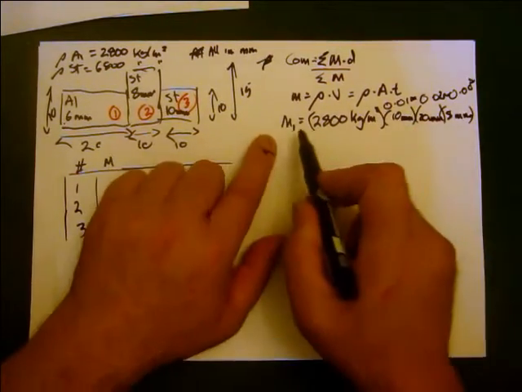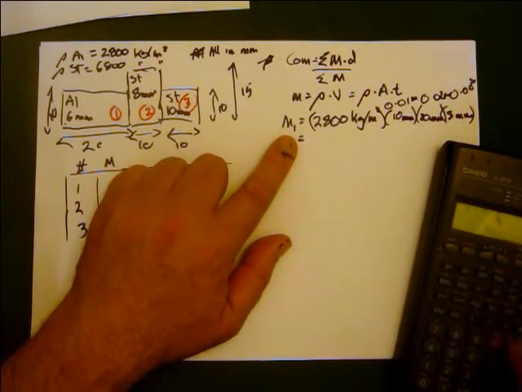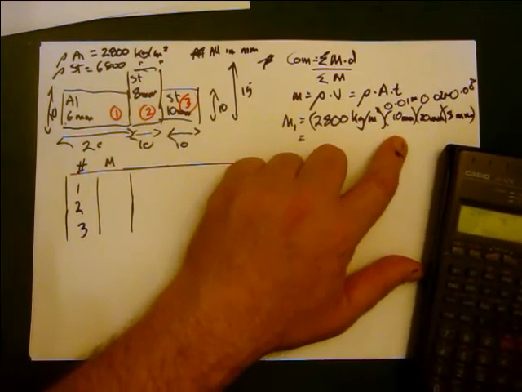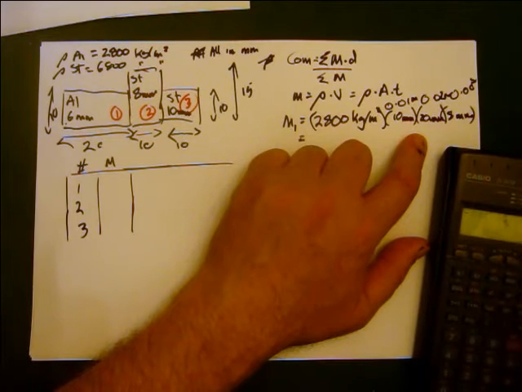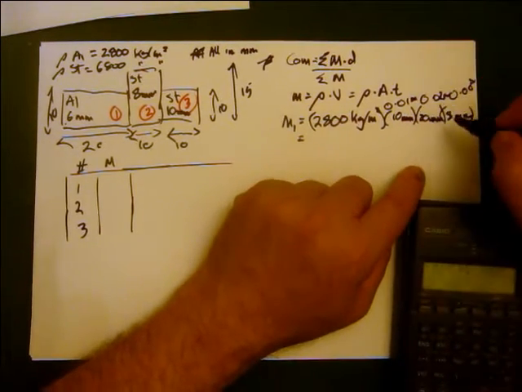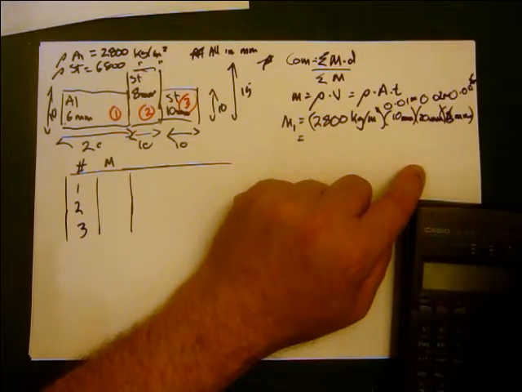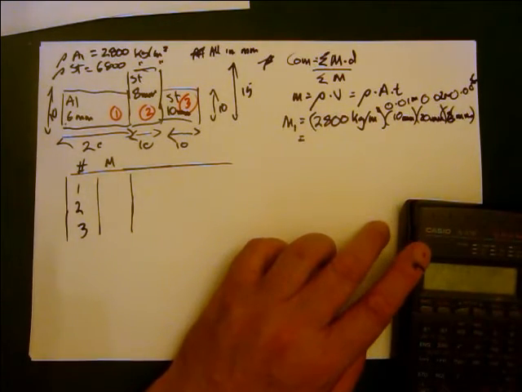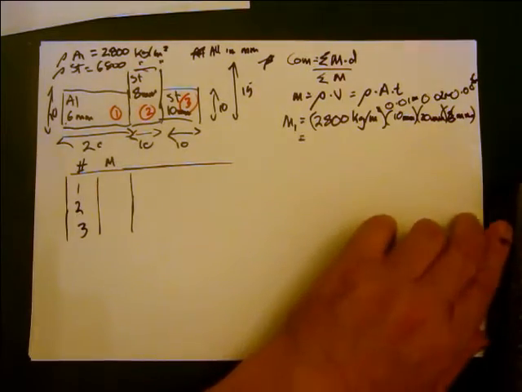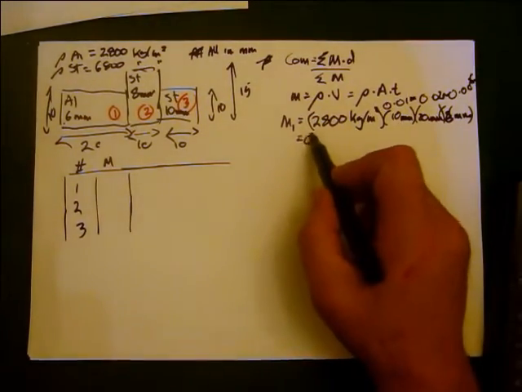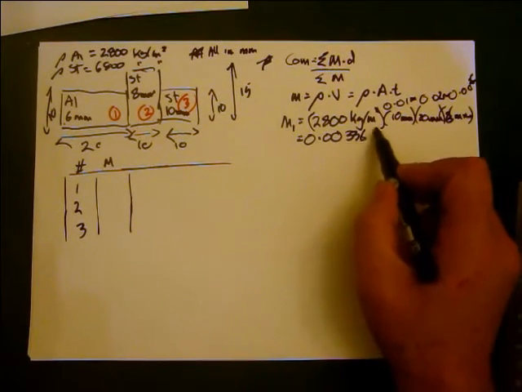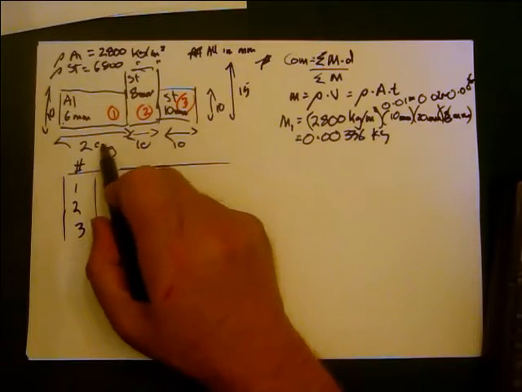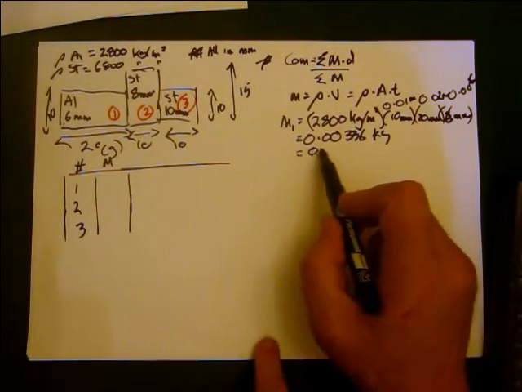The thickness is 6 millimetres, so 2,800 times 0.01 times 0.02 times 0.006 equals 0.00336 kg.